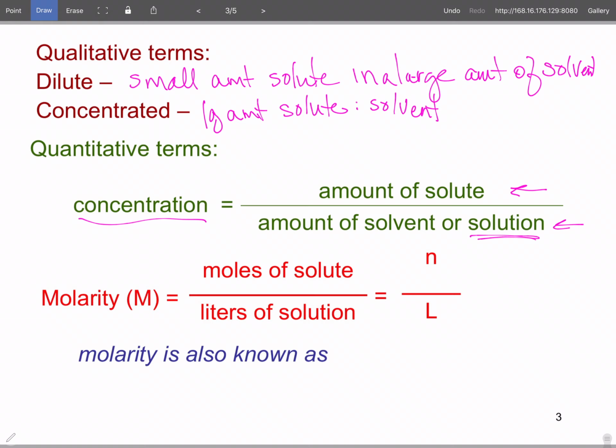But we're going to deal with molarity, which is moles of solute over liters of solution, which is N, which is the number of moles. Molarity is also known as molar concentration. So if I ask for the molar concentration, I'm asking for the molarity and vice versa. They're interchangeable like mass and weight.